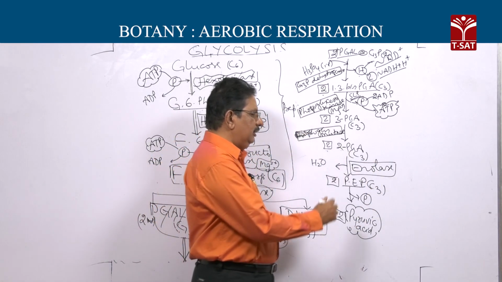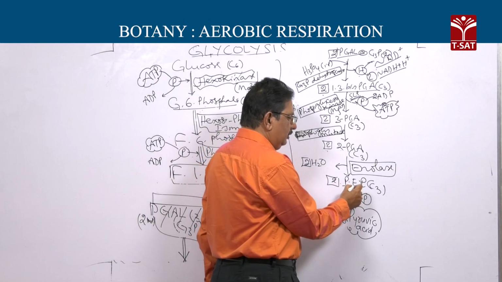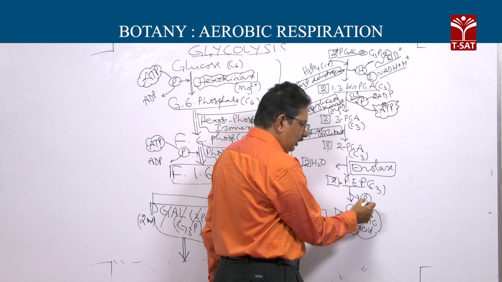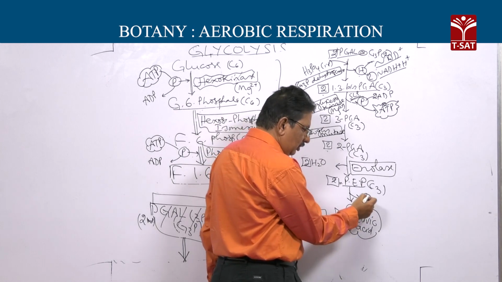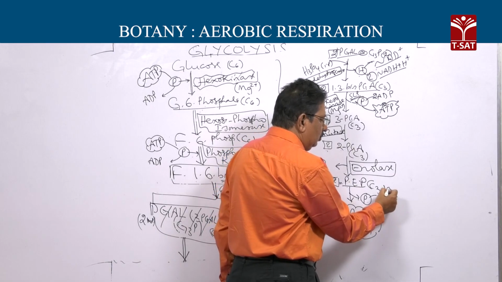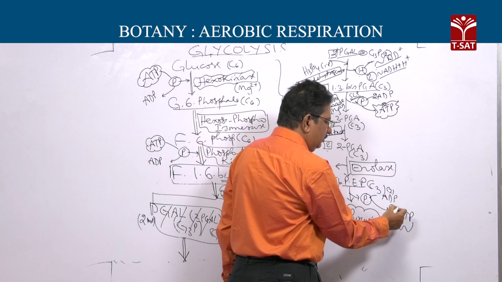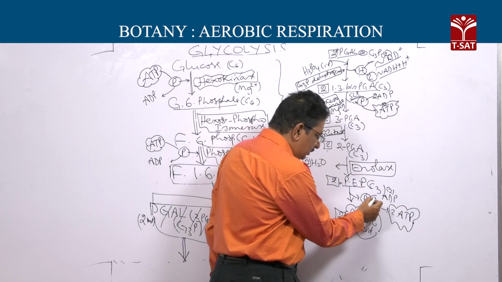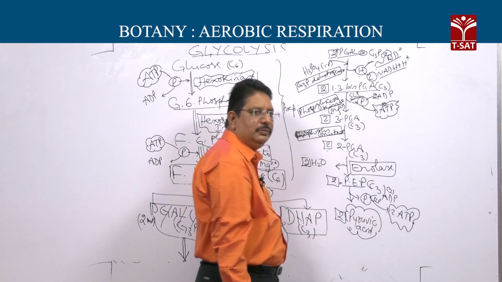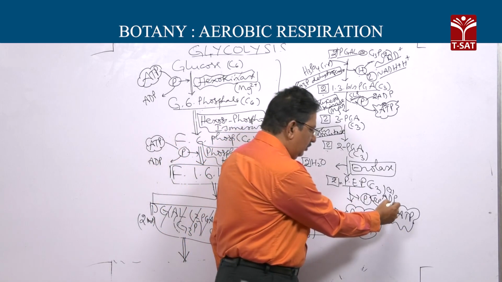Finally, 2 molecules of phosphoenol pyruvic acid undergo one more dephosphorylation, taken by 2 ADP, converting into 2 ATP. So, one more time there is an SLP step, where ATP is formed.